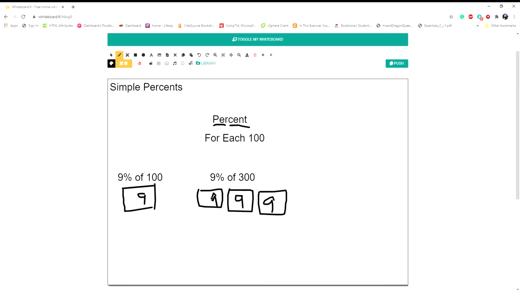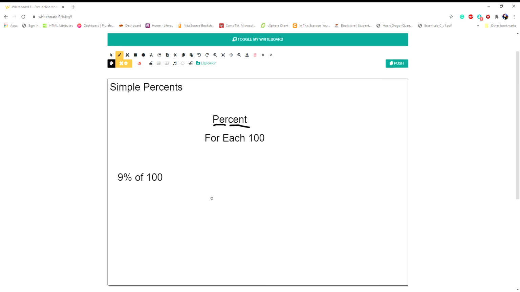Let's have another example. Let us do 15% of 200. So I know I have 200. How many hundreds is that? That is 2.